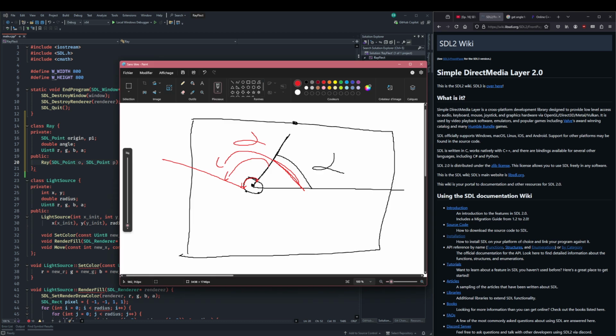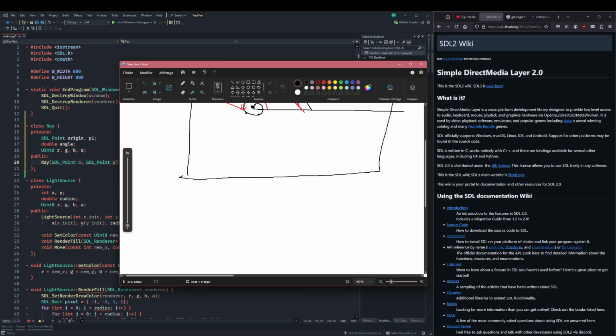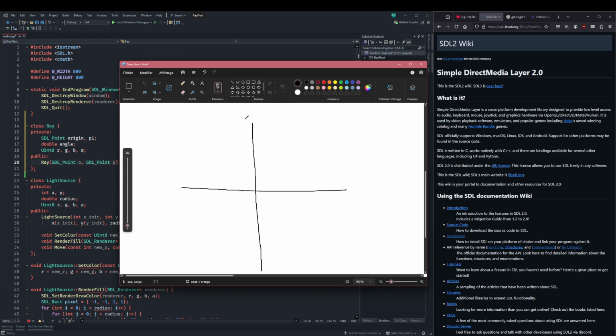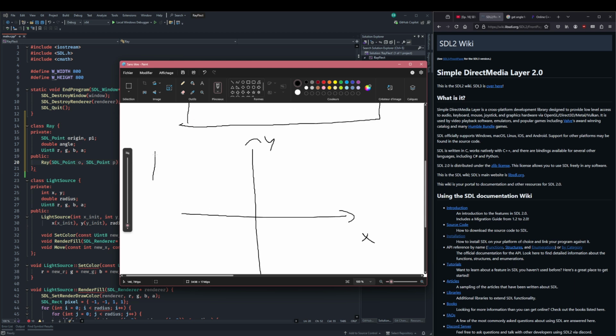Basically, I'll just do a drawing here below. So we have the y-axis here, the x-axis here. I know that in our case the axes actually look different for y, but it doesn't matter.